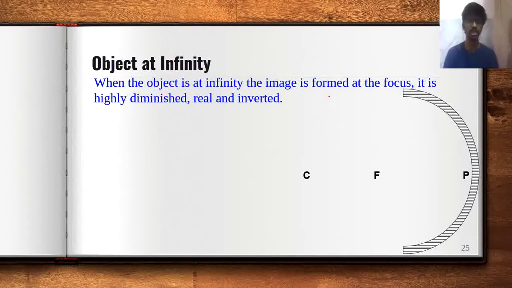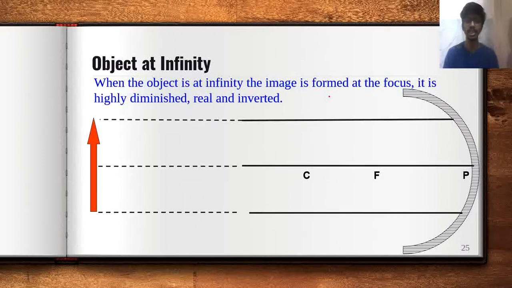Object is at infinity. So this is the object, and these are the incident rays. You can see all the incident rays are parallel to the principal axis.